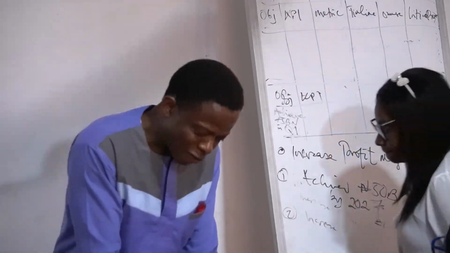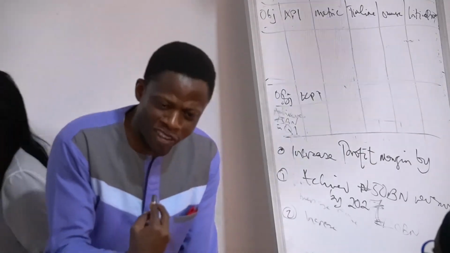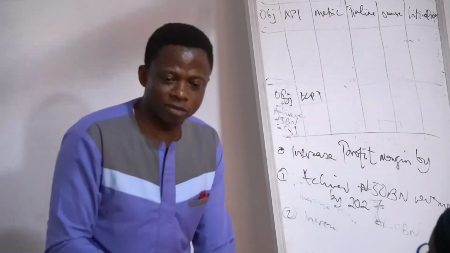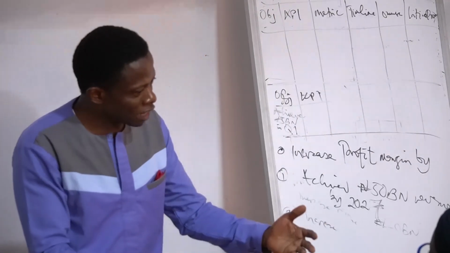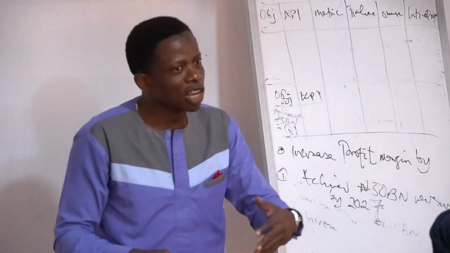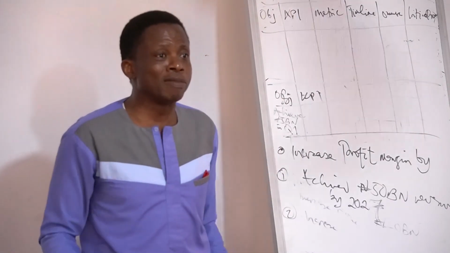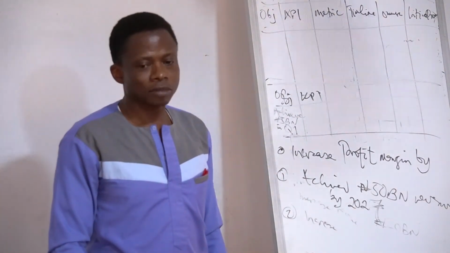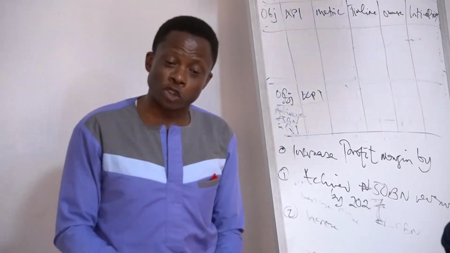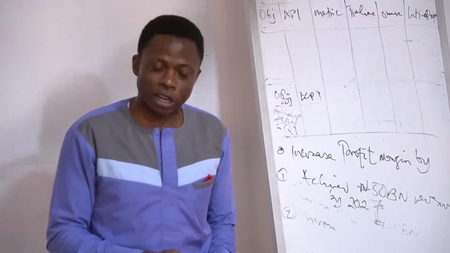As my father has said, go and achieve 20 billion. Then we can talk about other KPIs, like increasing sales. Achieve is achieve. If you increase sales by 100%, you have not achieved. If you don't achieve 20 billion, you are still zero.